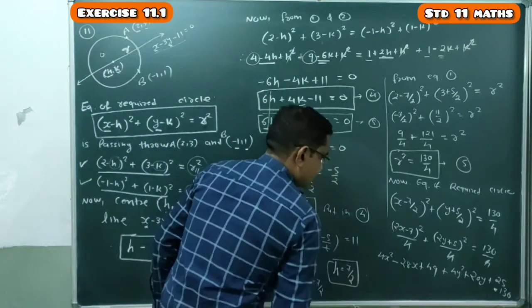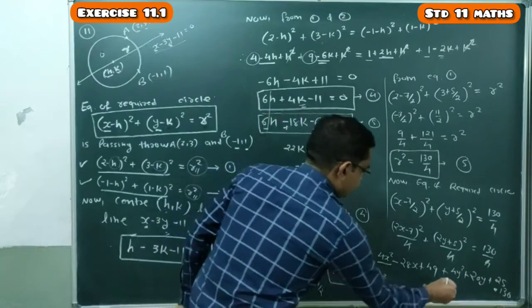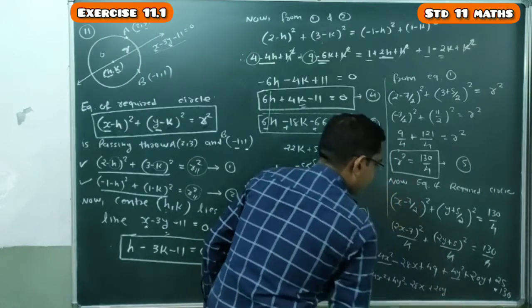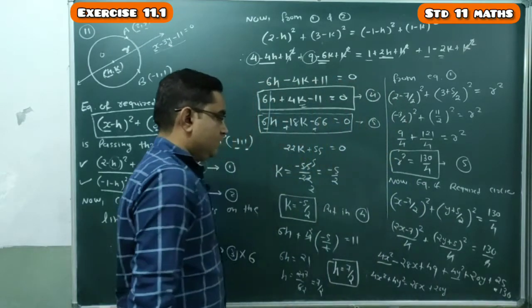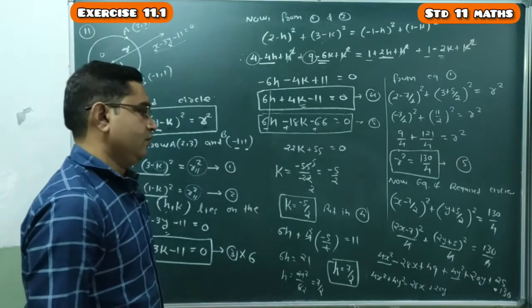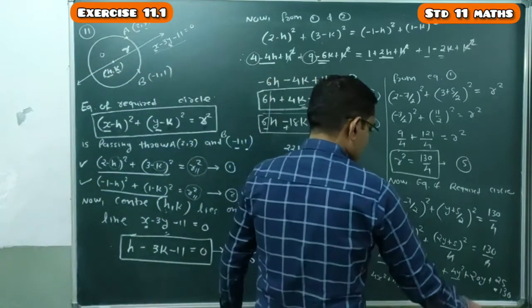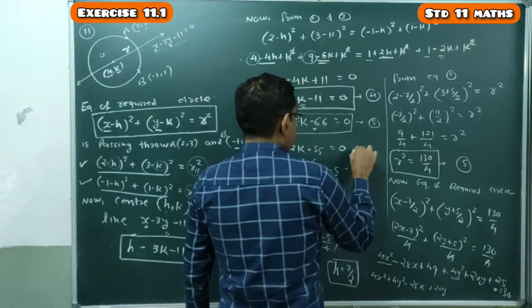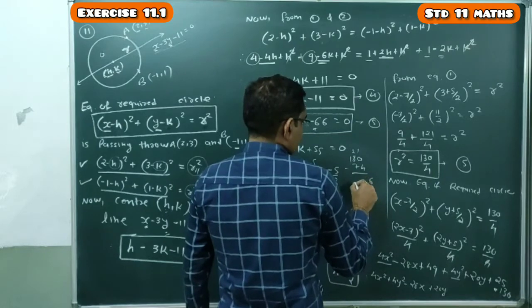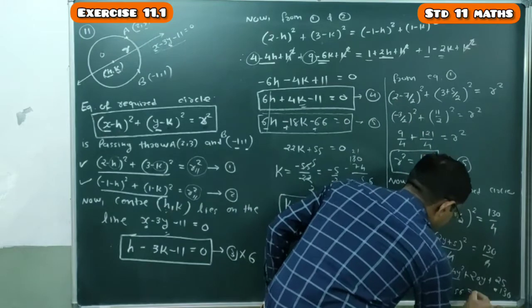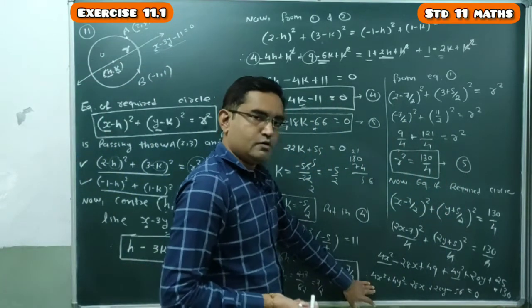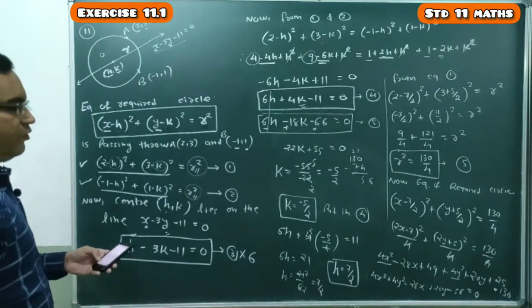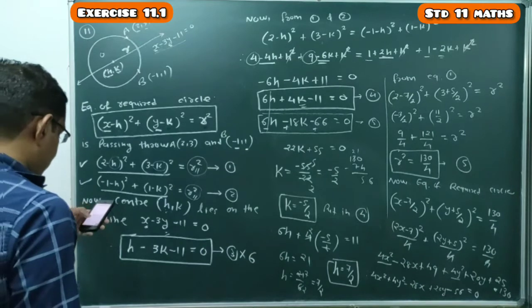Now simplify, whatever comes will be our answer. So it's 4x square plus 4y square minus 28x plus 20y, and this is 49 plus 25. Subtract 25 from 130. So it's 105, and 105 minus 74, 2 10s are 20, 30 minus 74 is 56, equal to 0. And now also it seems you can take 4 common. So take 4 common and your answer will be x square plus y square minus 7x plus 5y minus 14 equal to 0. Done. Let me check it.